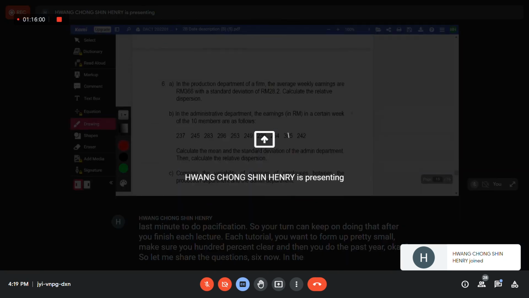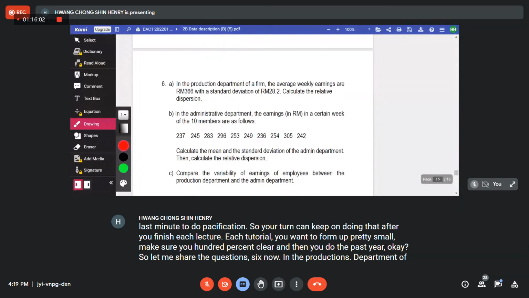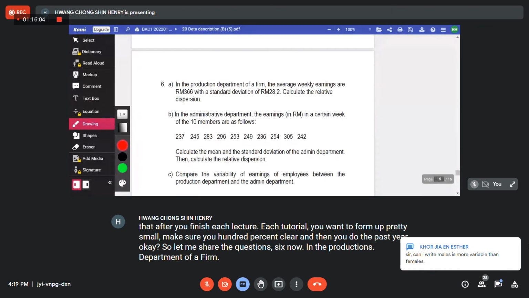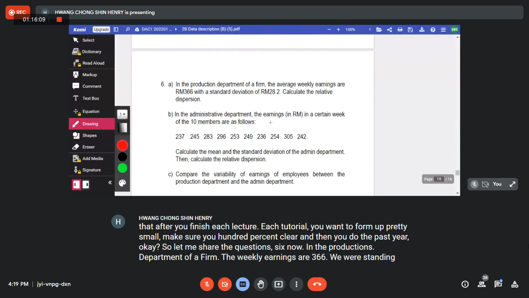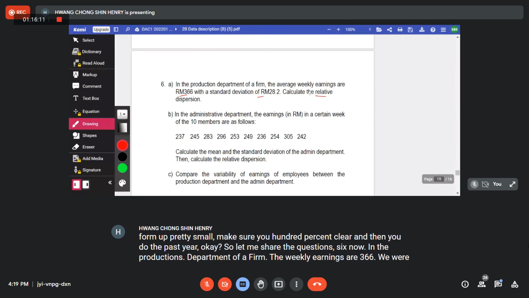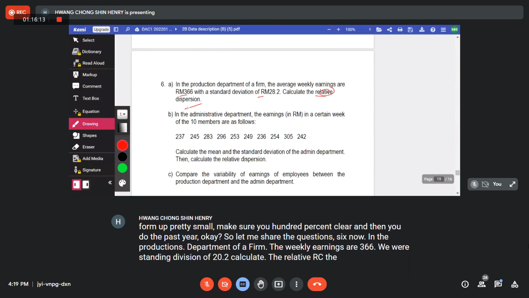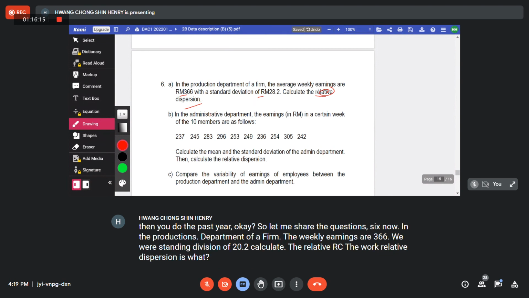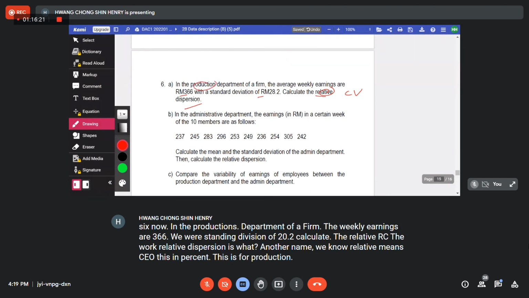In the production department of a firm, the weekly earnings are 366 with a standard deviation of 28.2. Calculate the relative dispersion. See, the word relative dispersion means what? Another name, we know, relative means CV, in percent. This is for the production department.